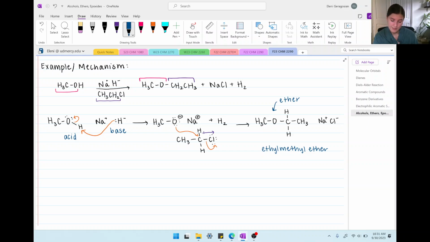And then we have first a proton transfer reaction. And second, a substitution reaction. And we produce our ethyl methyl ether.